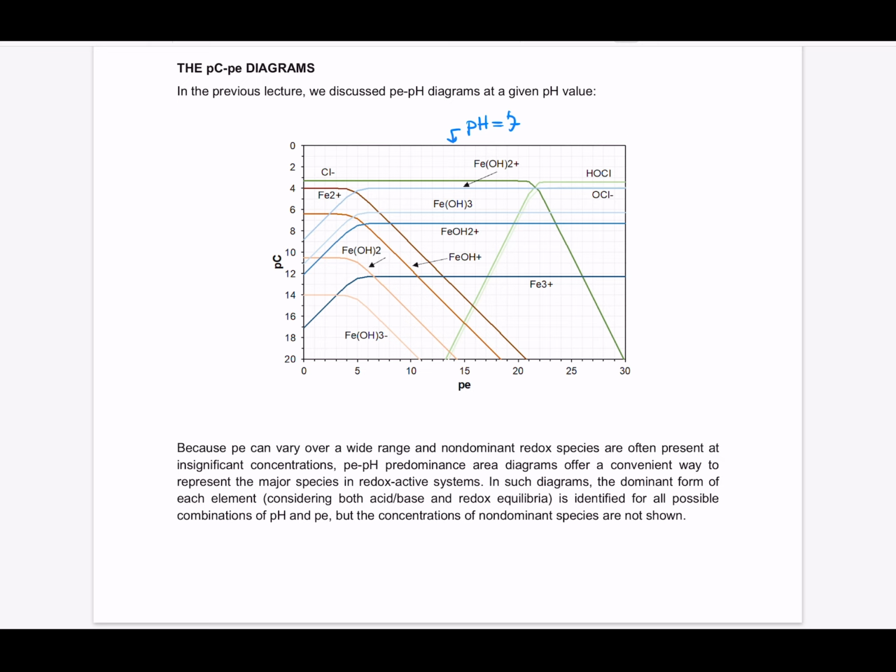And then we take it to Excel, construct every single line. But here it would be a little bit simpler in terms of deriving that equation. So we're looking for an equation that has an expression of either pH or PE or both. So this would be what we're looking for.